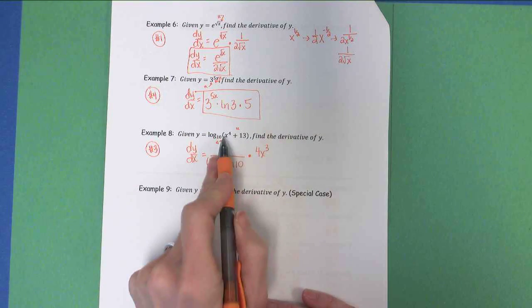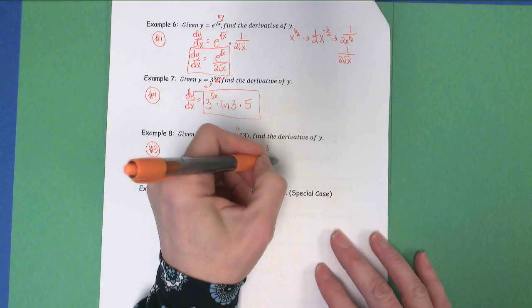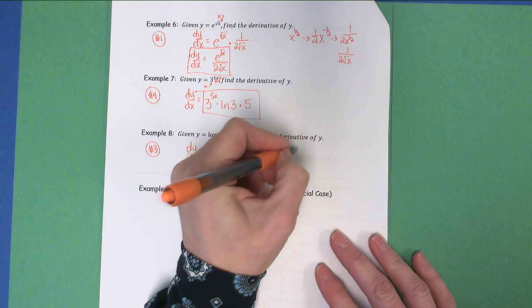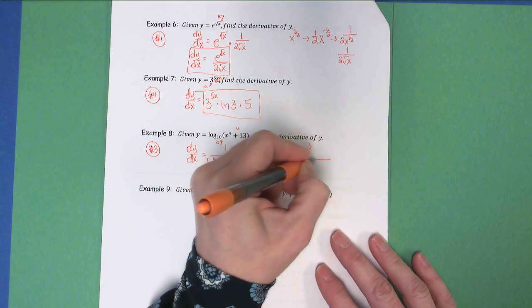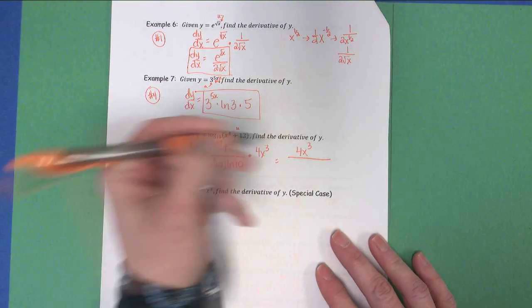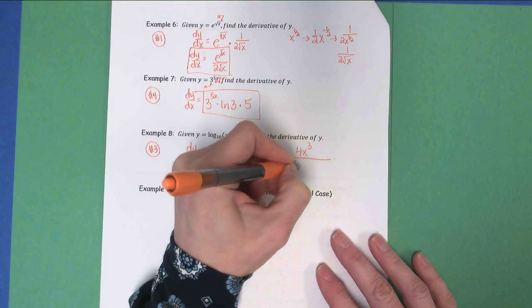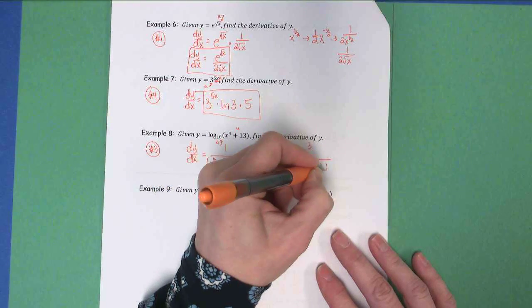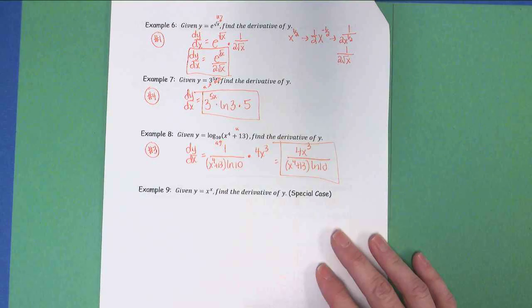So my final answer, 4x to the 3rd times 1 is 4x to the 3rd over, just going to leave this as x to the 4th plus 13, natural log 10. That'll be my final answer.